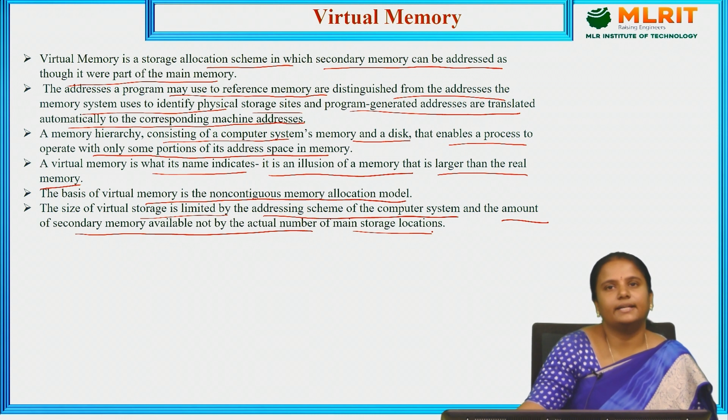So the memory will be available, but the actual number of main storage locations cannot be matched with the secondary memory. This is what virtual memory is about.